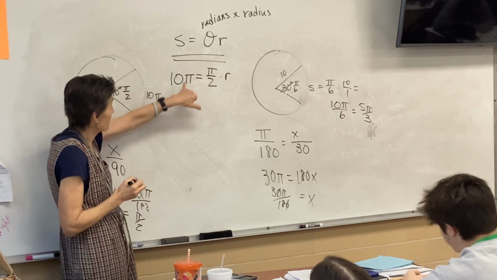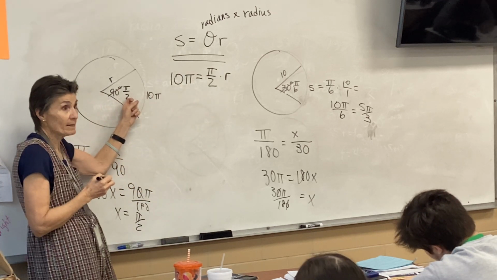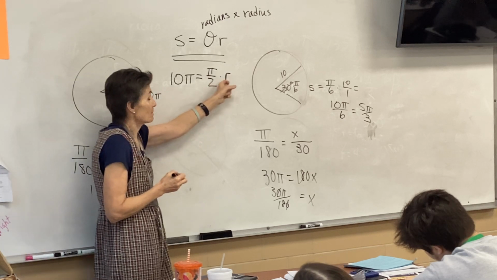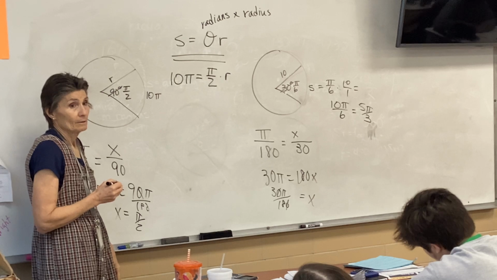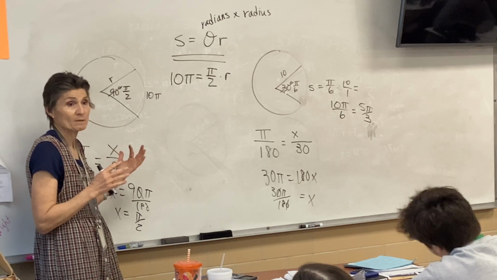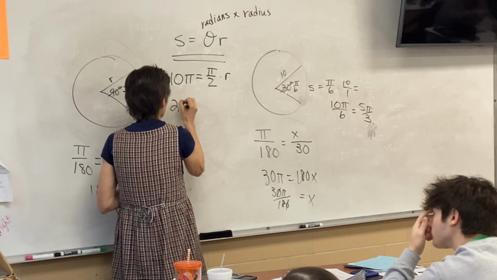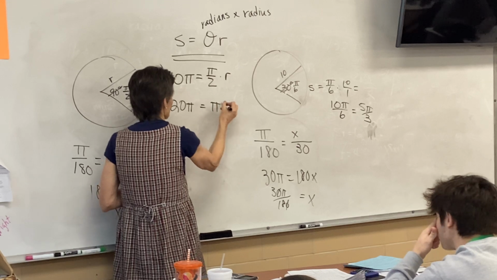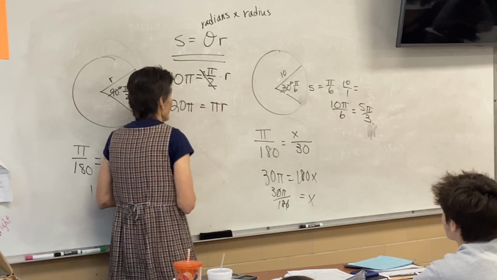My arc length is 10 pi. My angle is 1/2 pi times my radius. Okay, we're over our feared fractions. We're going to get rid of it, so we're going to times by 2. So 20 pi equals pi r. I'm timesing by 2 to make that go away.